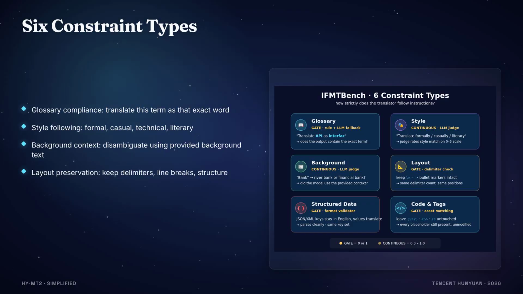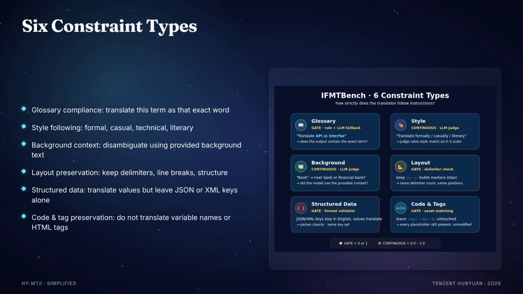Number 4, layout preservation, where the model must keep delimiters and line breaks intact. Number 5, structured data, where JSON or XML keys must stay in English while values are translated. And number 6, code and tag preservation, where the model must leave variable names, HTML tags, and template placeholders completely untouched.